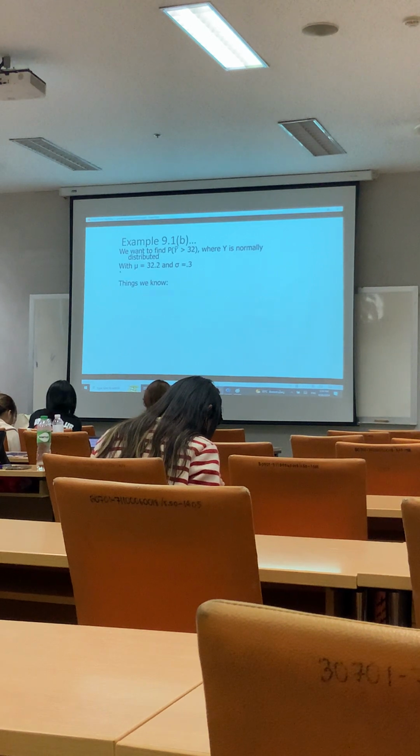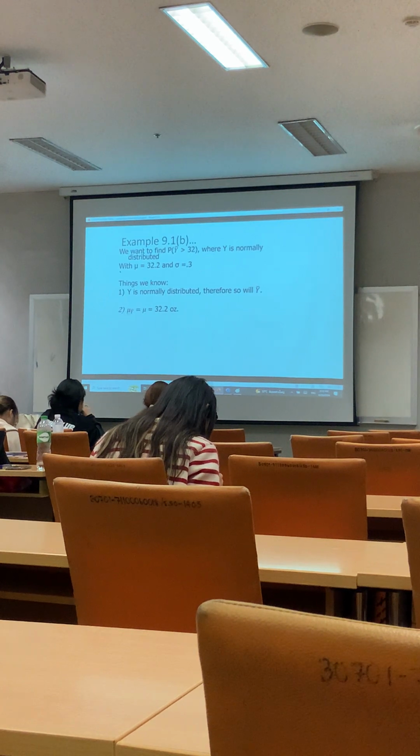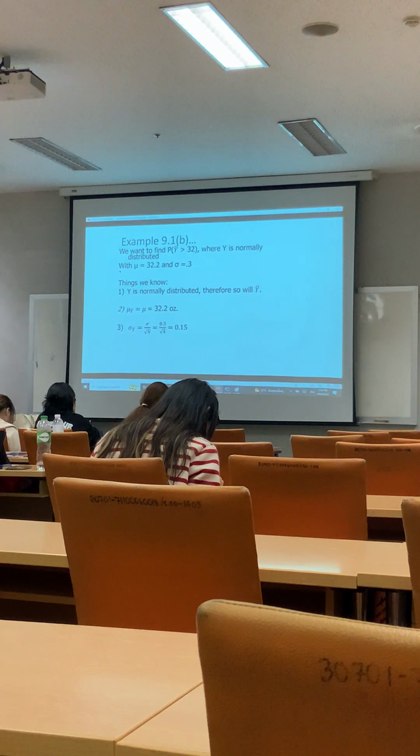However, Y is normal, so Y bar will be normal, and the population mean of Y bar will be the same as the population mean, so it's going to be 32.2. However, the standard deviation of Y bar is not going to be the same as the standard deviation of the population. It will be equal to the population standard deviation divided by the square root of n, or the square root of 4. So 0.3 divided by square root of 4 is 0.15.